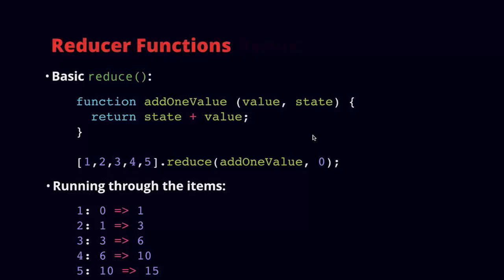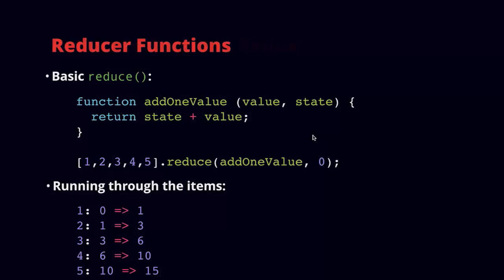Array.reduce takes two arguments. The first argument is a function, and that function takes two arguments. The first would be a value, which would correspond to the different items of the array. So in this case, if we're calling the array 1, 2, 3, 4, 5 .reduce, then add one value would get called first with value being 1, then with value being 2, then with value being 3, and so on.